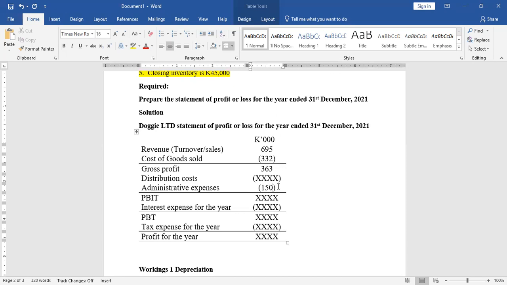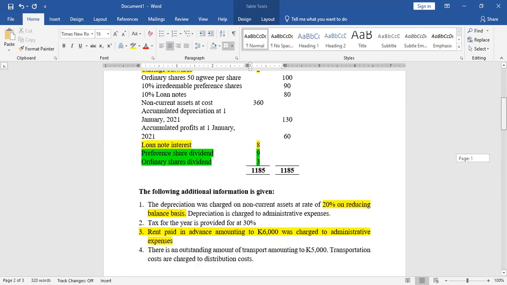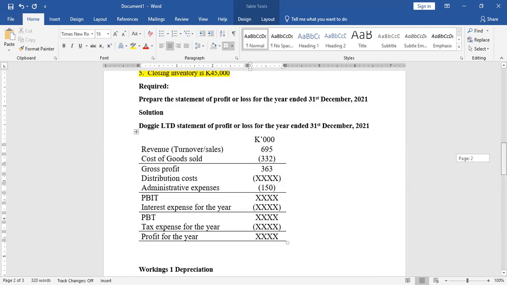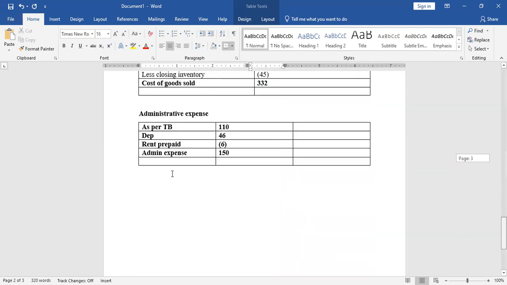We have distribution cost. Distribution cost, we are supposed to also calculate. There is an adjustment for distribution cost in the note. So I'm also putting the table for distribution cost as a working.